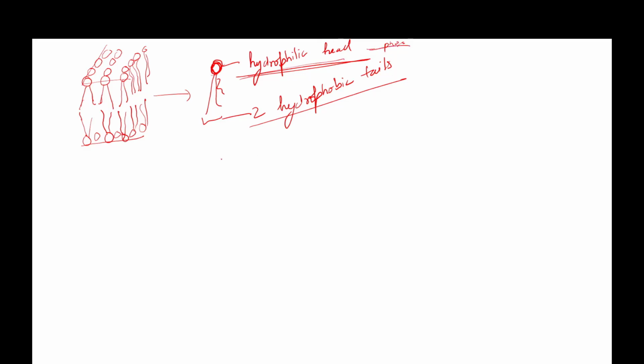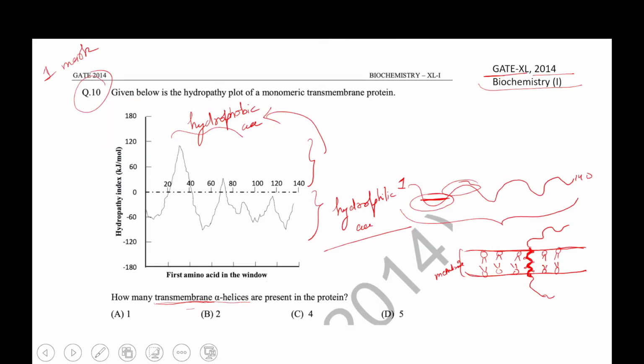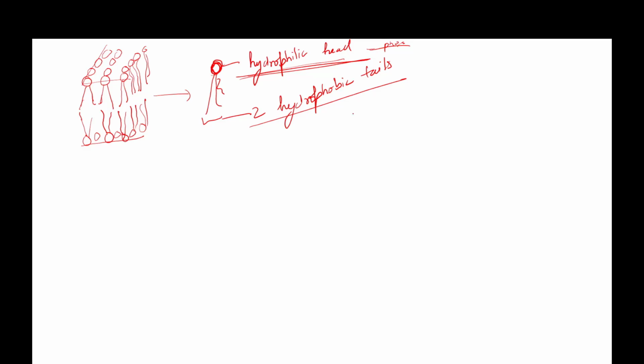So it is a phospholipid. The head is a phosphate group, and in the tail we have fatty acids.